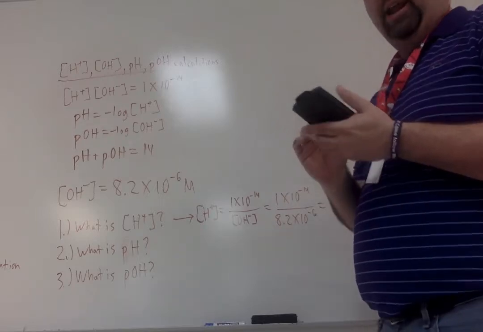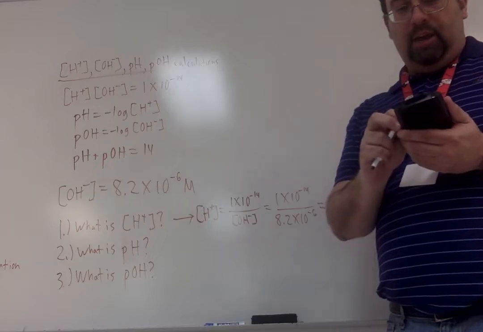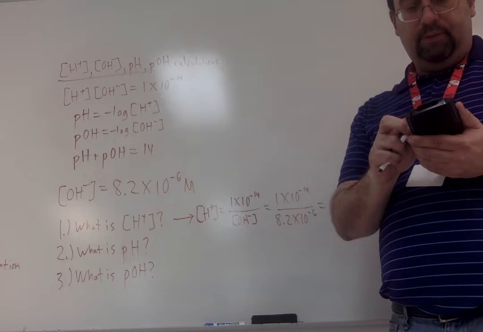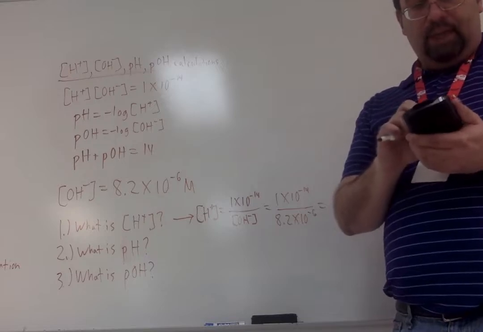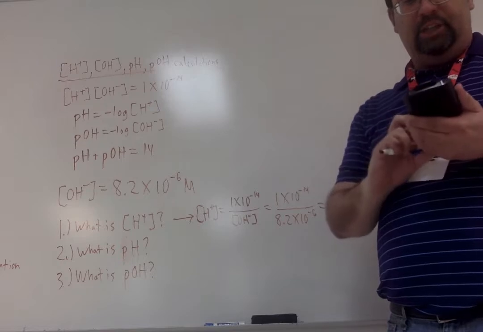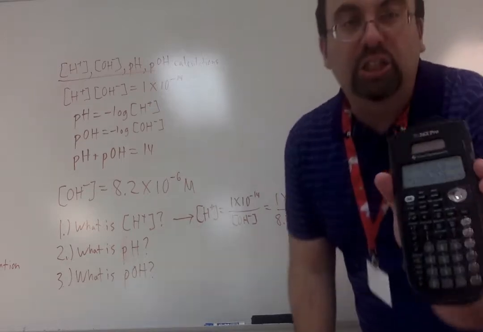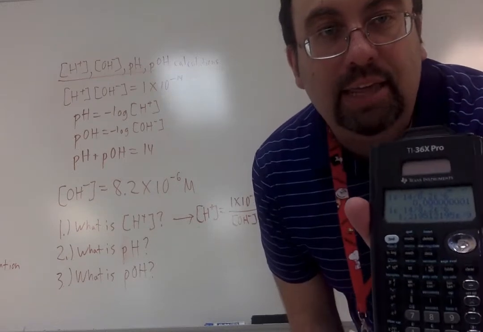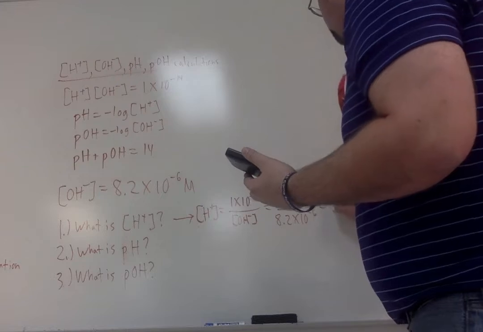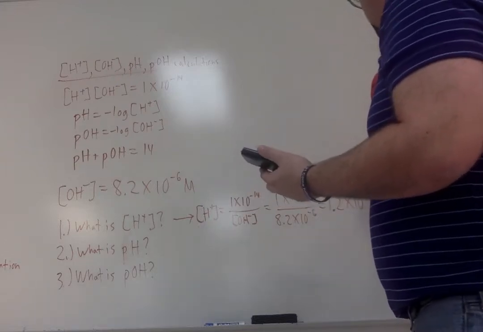Let me convert this to scientific notation. All right, and so we can see that we actually end up calculating 1.2 times 10 to the negative 9 molar.